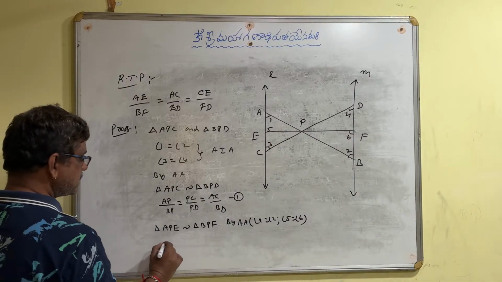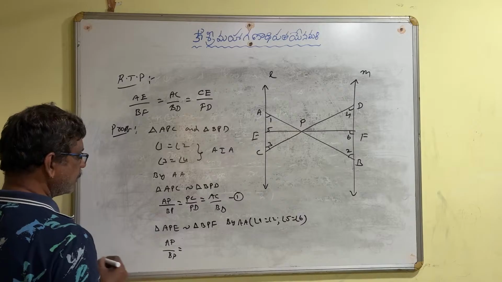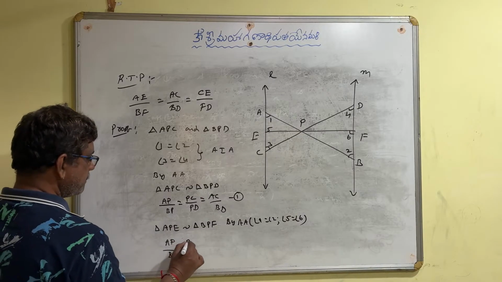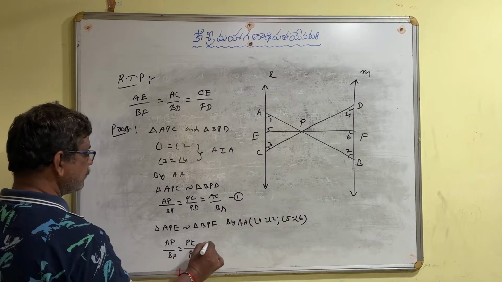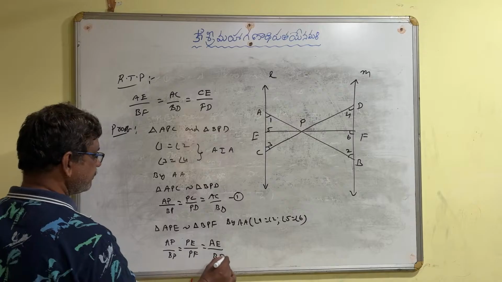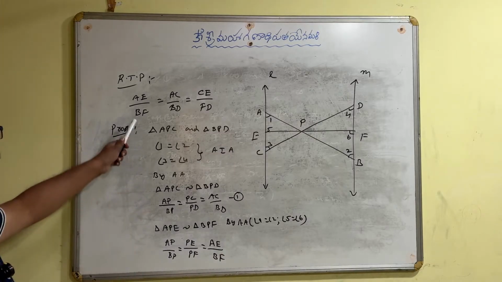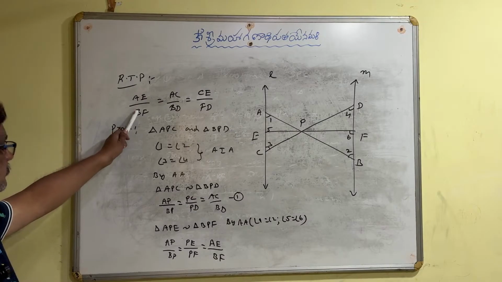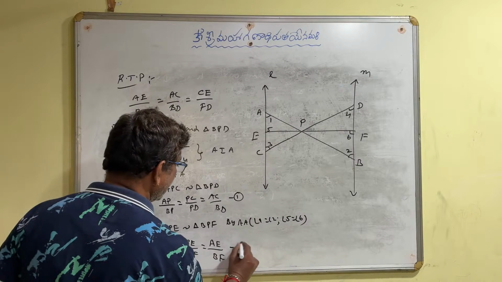AP by BP is equal to PE by PF is equal to AE by BF. Here is AE by BF. Okay, this is number 2.